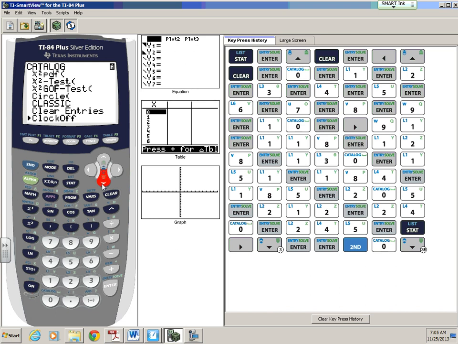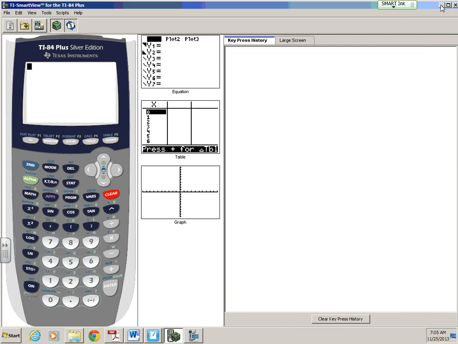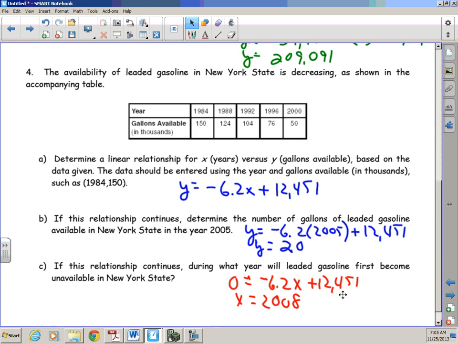Now, my diagnostics are on already, so I don't need to do this, but I'm just showing you because that's another function you need to know how to do on the calculator. Okay, so you go to where it says diagnostics on, your cursor's there, you hit enter, and you hit enter again, and your diagnostics are on. Okay, so that's how you use your calculator to do the line of best fit.